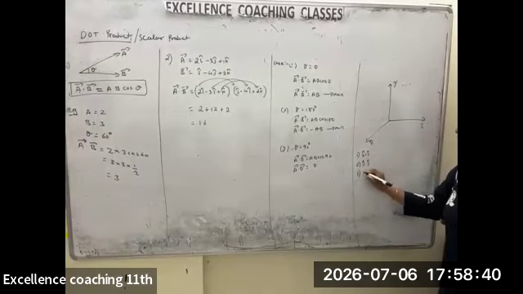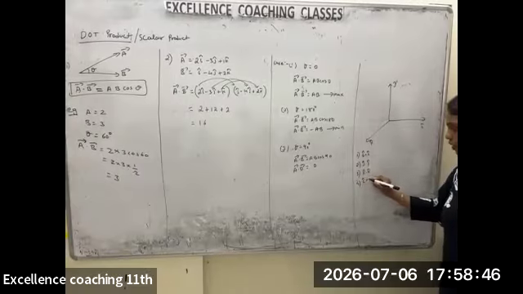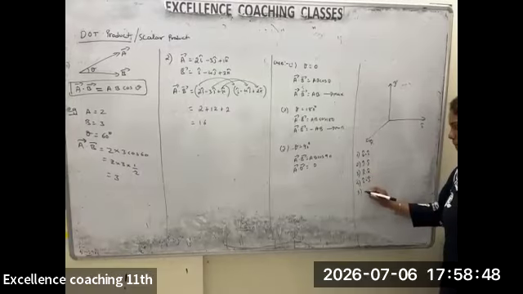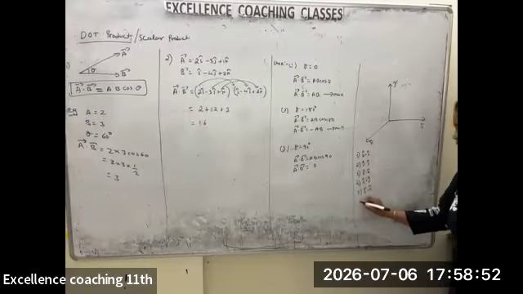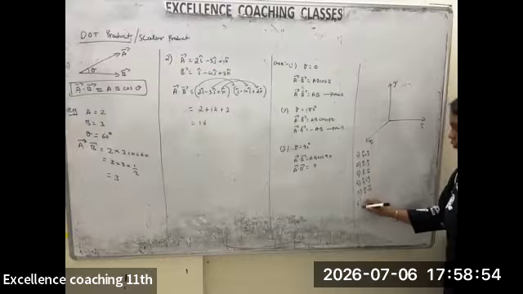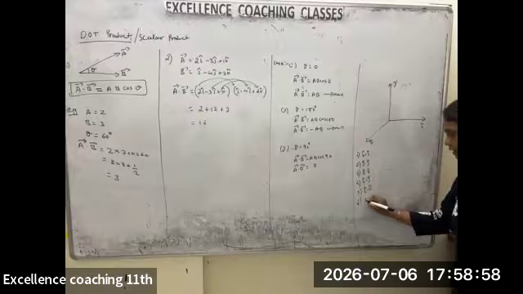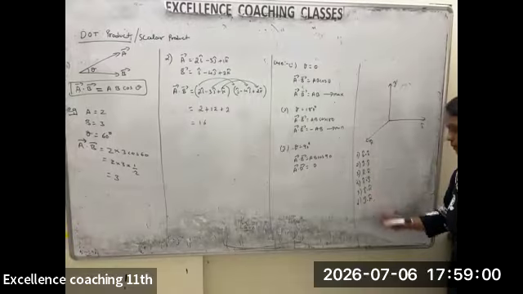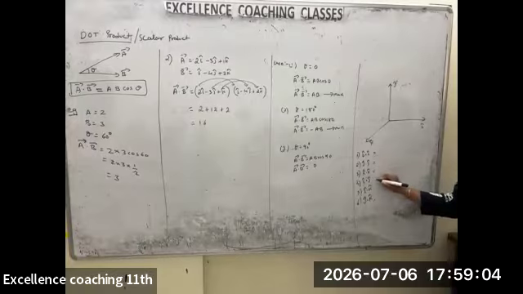J dot J, K dot K, I dot J, I dot K, and what is left? I dot J, I dot K, J dot K, right? J dot K. Okay. Now tell me what will be the value of this?